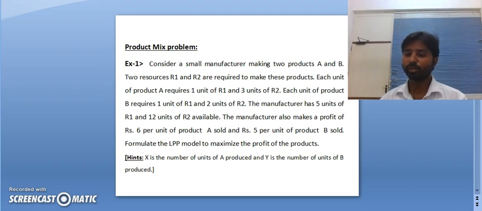It is reasonable to assume that the manufacturer produces A and B in such a way as to maximize the profit. So first, call these x and y. Let x be the number of units of A produced and y be the number of units of B produced.